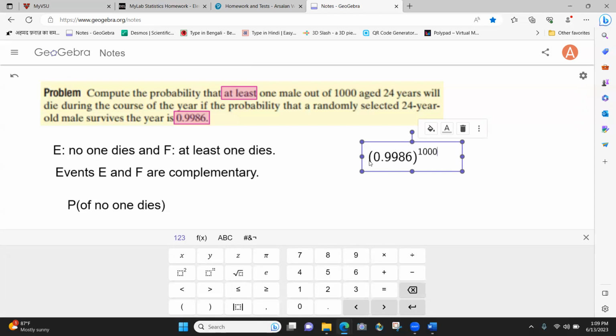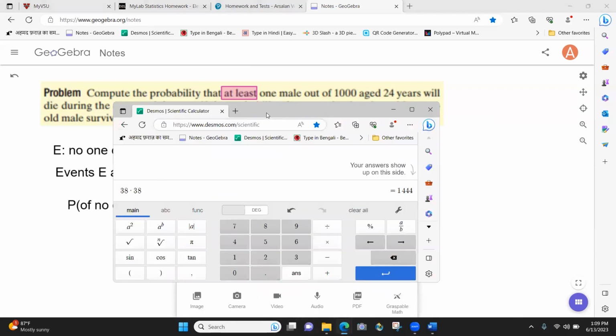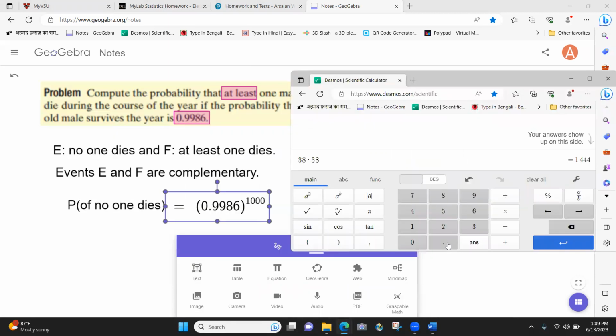It's the same, right? Multiplying 0.9986 a thousand times is the same as 0.9986 raised to the power 1,000. Simple. That's much better. Your calculator will let you handle that, right? So I'm going to put this here, and let's see what my calculator does for me.